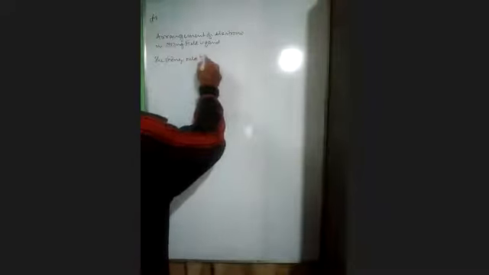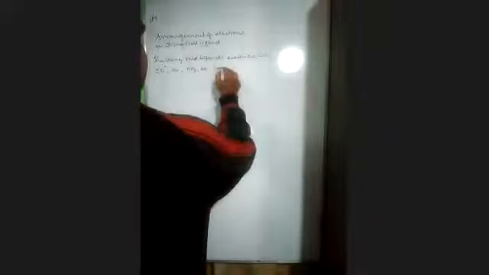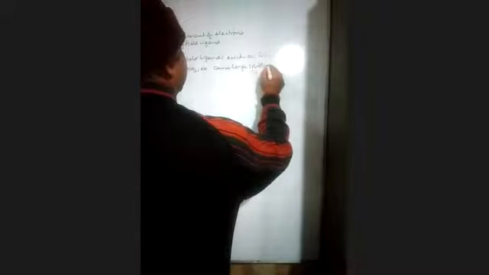The strong field ligands such as carbon monoxide, cyanide, ethylenediamine, ammonia, etc. cause large splitting of d orbitals.